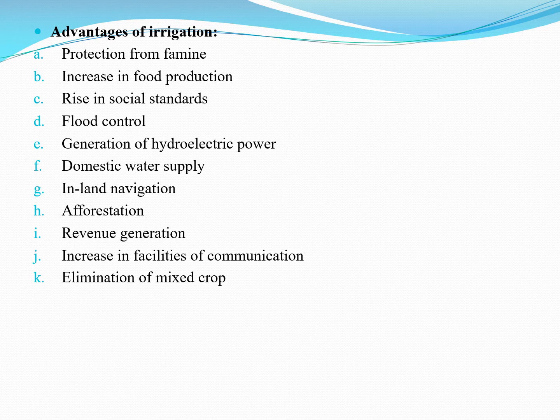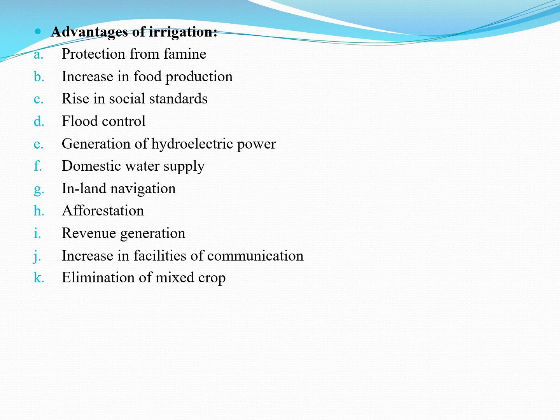Next is the generation of hydroelectric power. The projects designed for irrigation can also be designed for power generation, and the canal falls can be used for power generation.